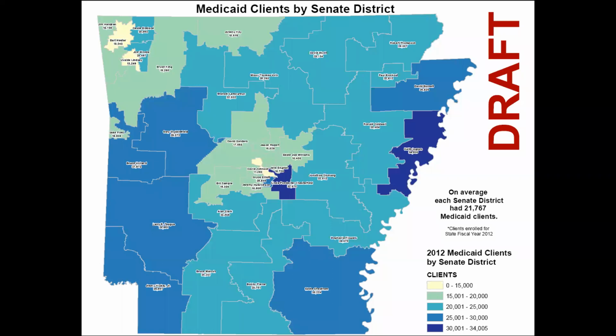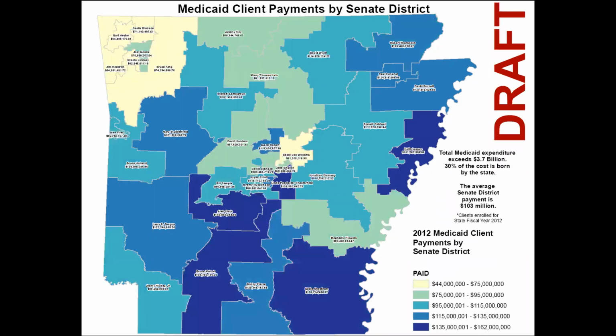So what you see here is number of Medicaid clients, and this just gives you an idea of concentration of people and where they were. The darker blues being more concentrated or higher numbers.